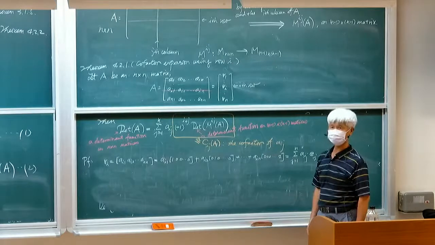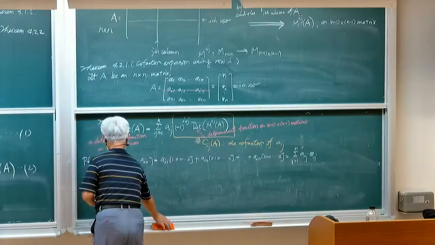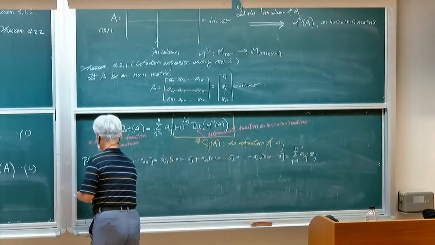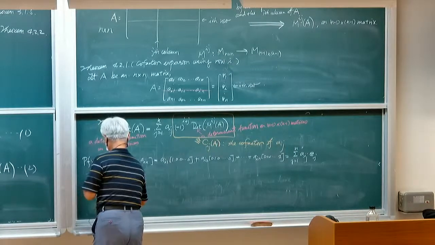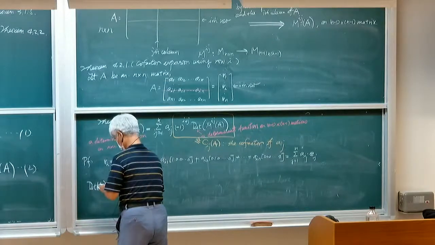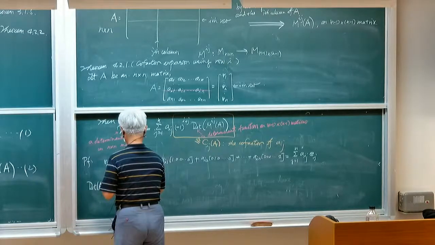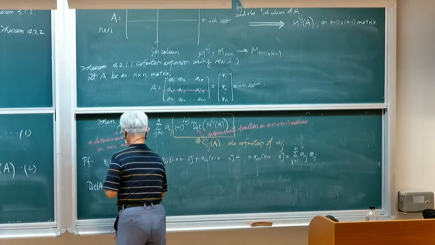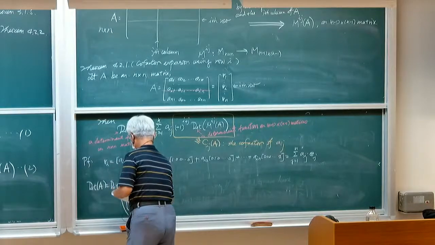Okay, so now the determinant of A becomes the determinant of R1, summation j from 1 to n of Aij Ej, Rn.